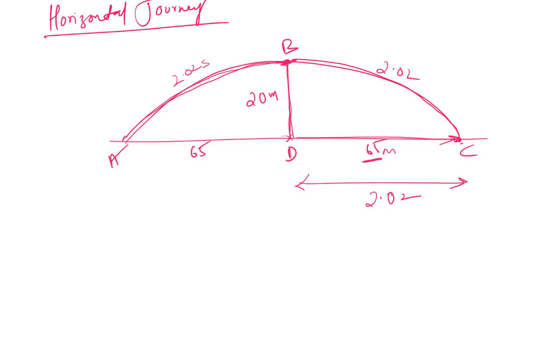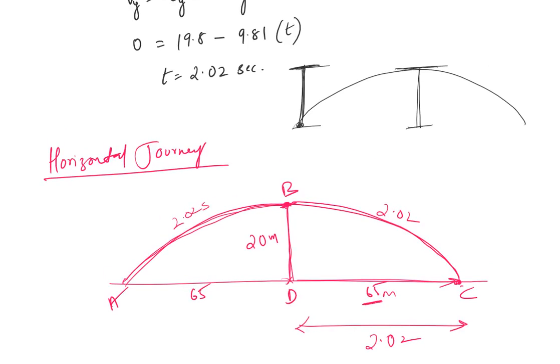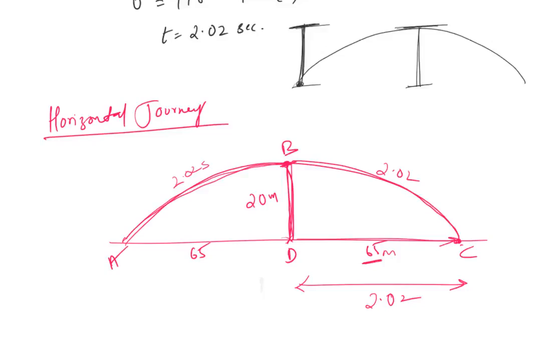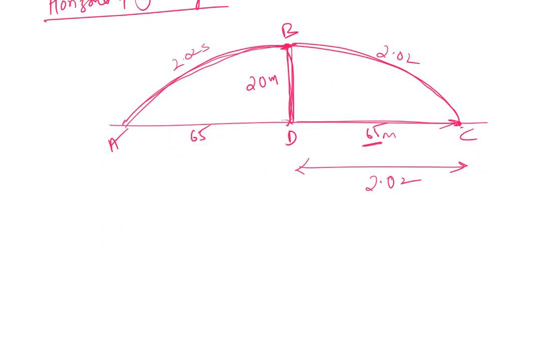So we can use the time that it has taken to go up as the time it has taken to come down, right? Because if a ball takes 2.02 seconds to reach a certain height, it'll take exactly 2.02 seconds to reach from that height back to the ground. So I'm going to use t is equal to 2.02 seconds.